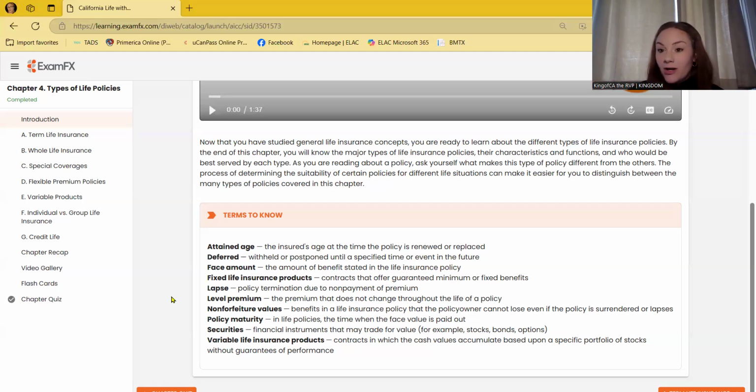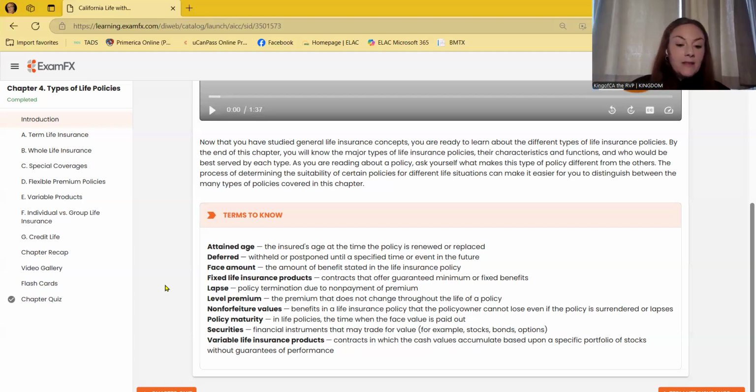If you want to be a broker, like my husband, like the Diaz's, they have their securities license and more. Okay, so securities licenses, they have certain guidelines. They also go hand in hand with certain types of policies. And so we're going to be going over that.